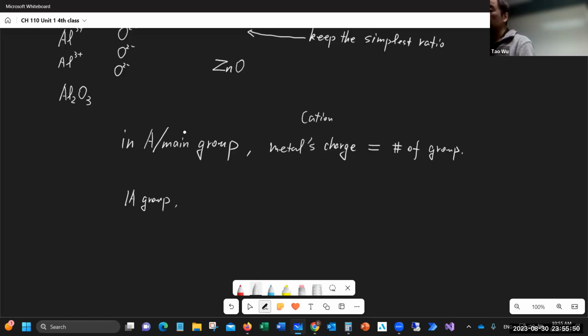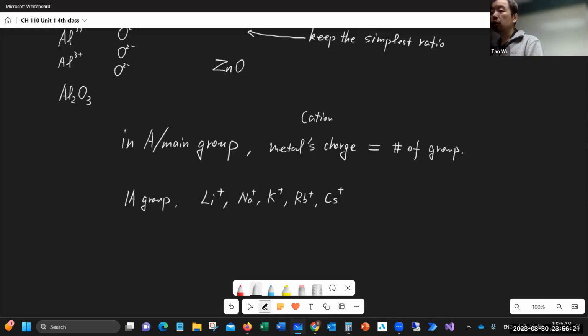So 1A group, they are going to have a one positive charge, which means the lithium will have one positive. So lithium ion, sodium ion, potassium ion, and rubidium ion or cesium ions. Those are all positive charge. As long as it's in 1A group, they all should have one positive charge.